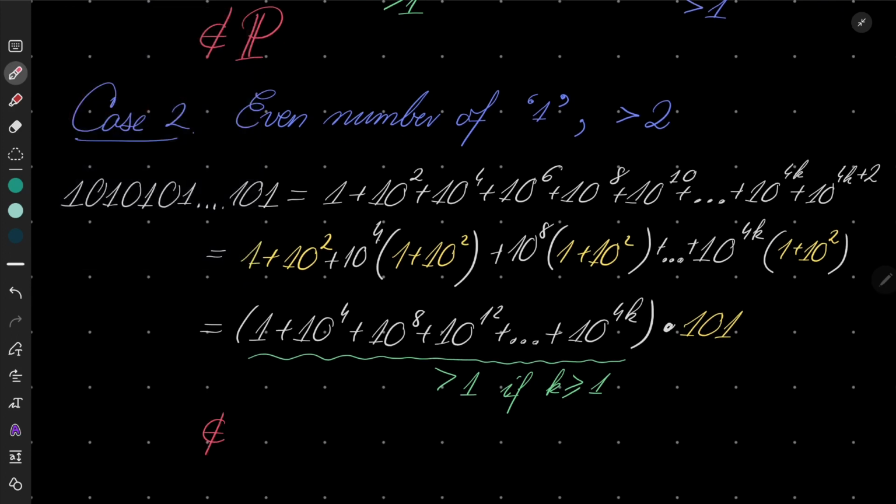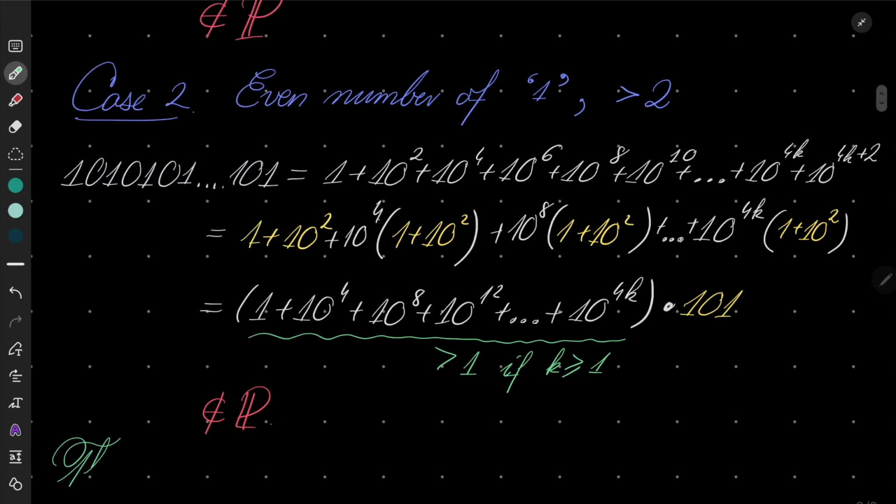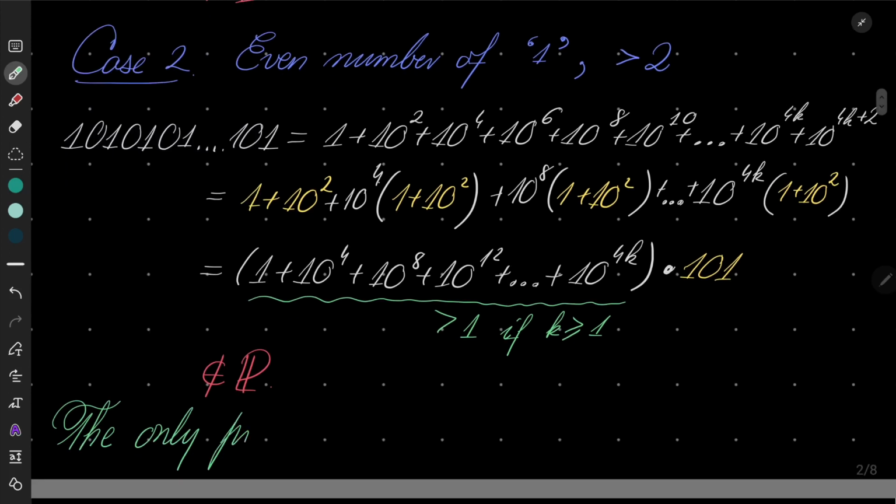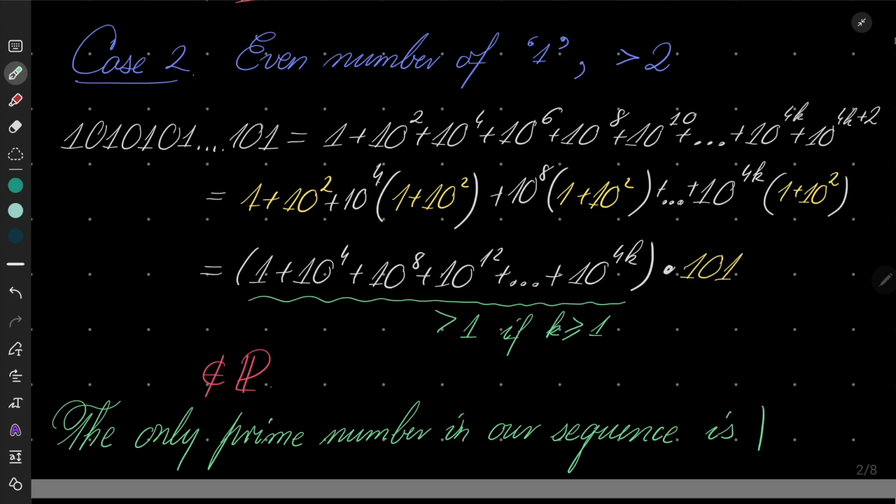This number is also not prime, which means that the only prime number in our sequence is in fact 101.